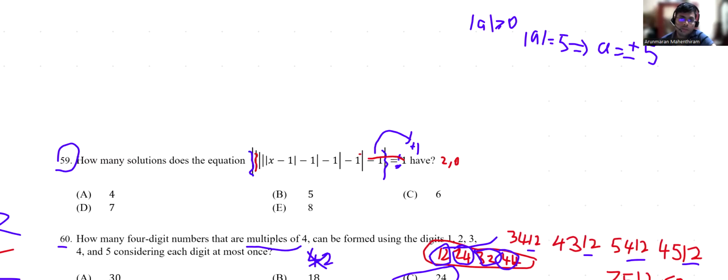You have to put the plus or minus sign. Plus or minus 2. 0 has no sign. Take this negative 1 to the right hand side as plus 1. So that gives 2 plus 1, 3. 1 minus 2 plus 1... minus 2 plus 1 is minus 1, and 1. Minus 1 is not possible because that's a negative number.